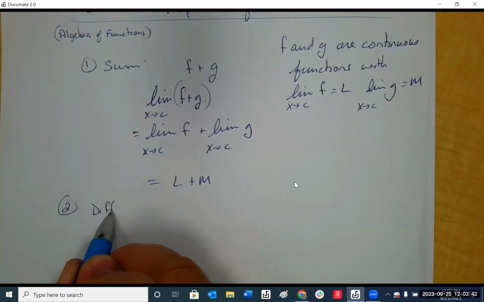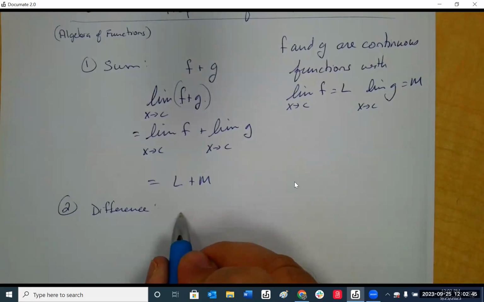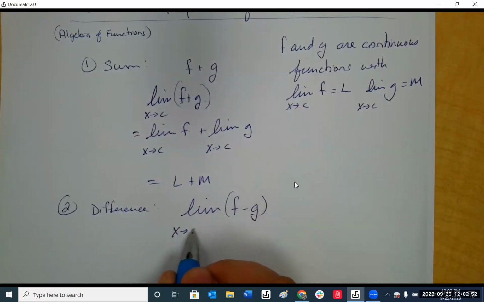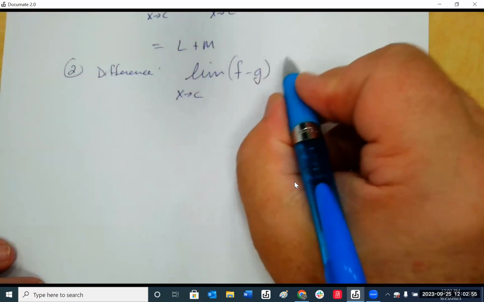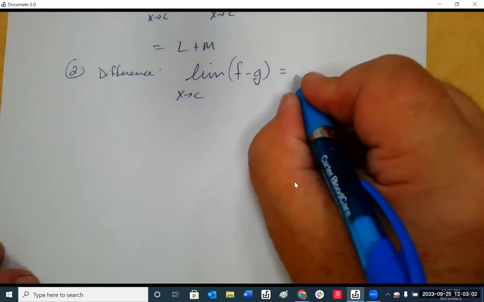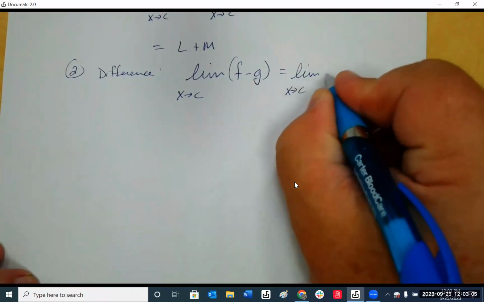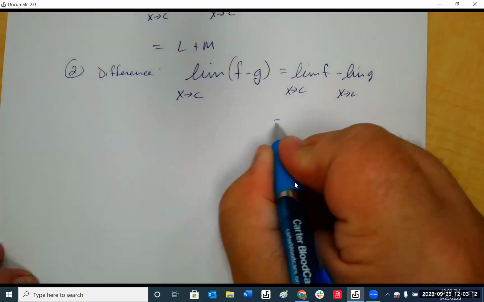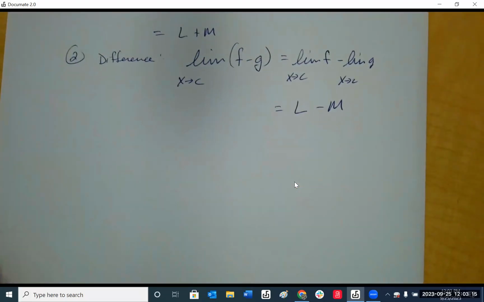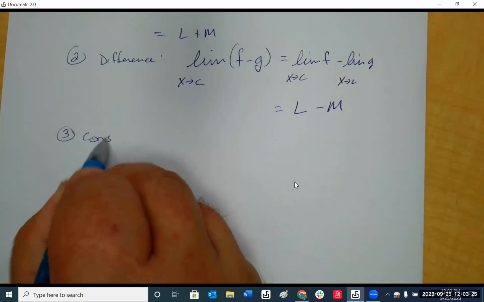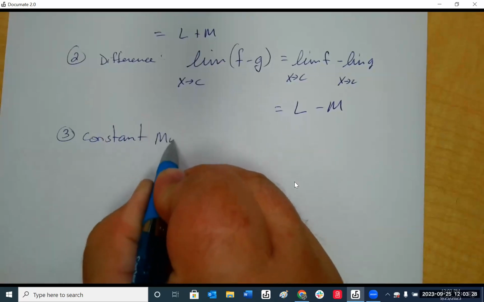The difference. The limit of f minus g as x approaches c is the same as the limit as x approaches c of f minus the limit as x approaches c of g, which is equal to L minus M. The constant multiple.